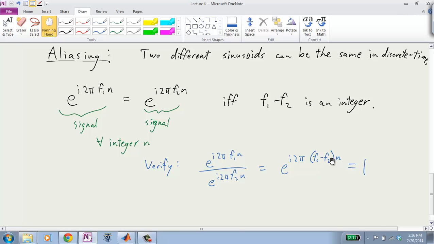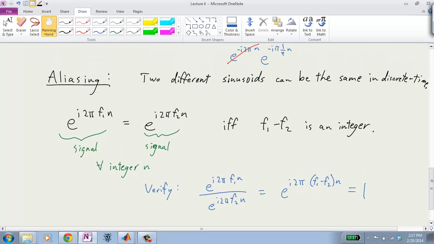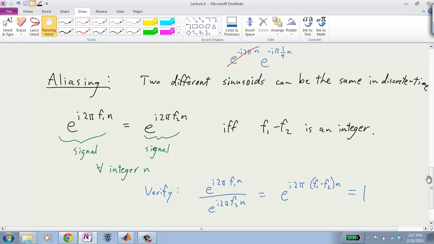So if f1 minus f2 is an integer and n is an integer, then this is just an integer times 2 pi. All right, so it equals 1. So understanding aliasing, here's maybe our first benefit we see by using complex exponentials. Understanding aliasing for complex exponentials is this simple.